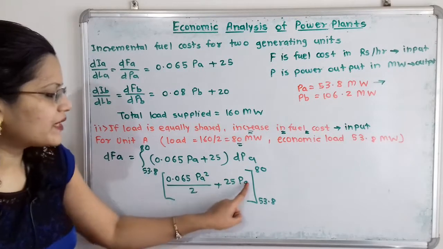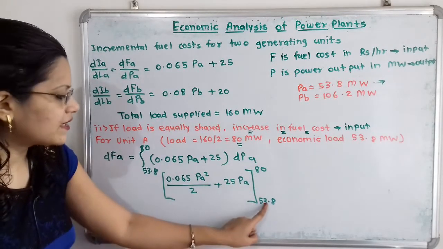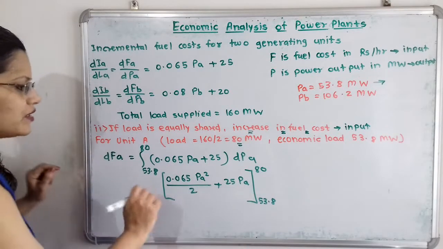So instead of PA, first we will put here 80 and then we will take the minus sign and then we will put here 53.8.